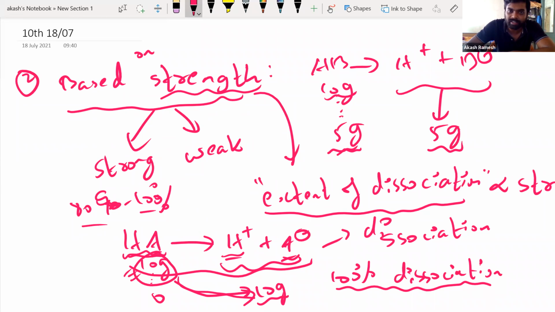So out of these 10 grams, only 5 grams are undergoing dissociation. That means only 50% dissociation is happening.